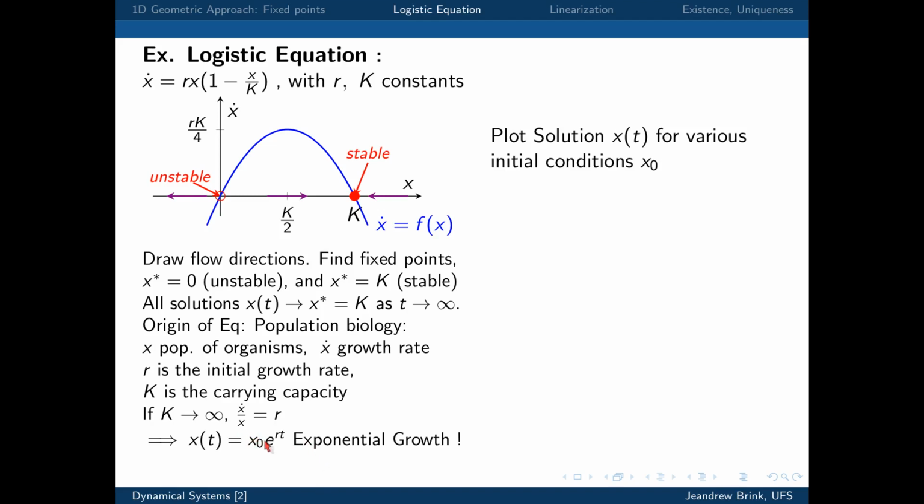So when it gets interesting is, initially the thing is going to grow very quickly, and eventually the growth is going to slow down until it eventually reaches the carrying capacity. So let's see this explicitly, right? We now want to plot, once again, just as we did two slides back, the actual population value for various initial conditions to see how it works.